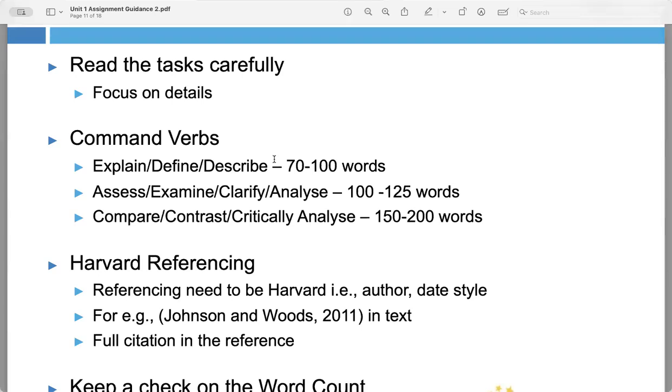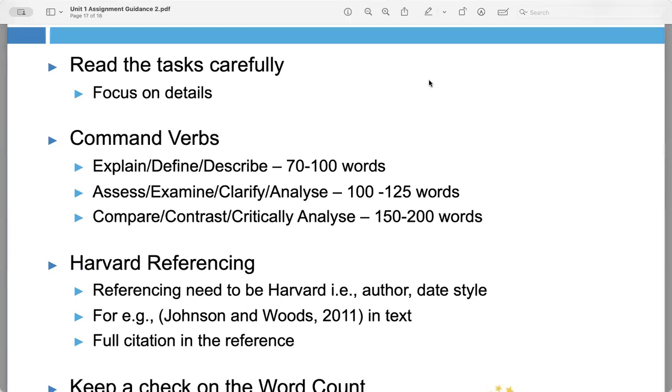Again, finally, ensure proper citation and referencing using the Harvard referencing system for all sources used in your assignment. Proofread your document carefully to check for any errors in grammar, spelling or formatting.